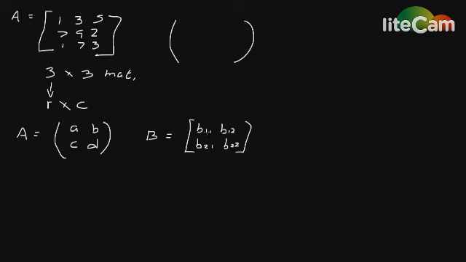Now what this notation means is that B11 would mean the element of matrix B in row 1, column 1. Here we have the element of matrix B in position row 1, column 2. Here we have row 2, column 1, and so on. So that's a notation which gives you a little bit more information, which is quite nice.